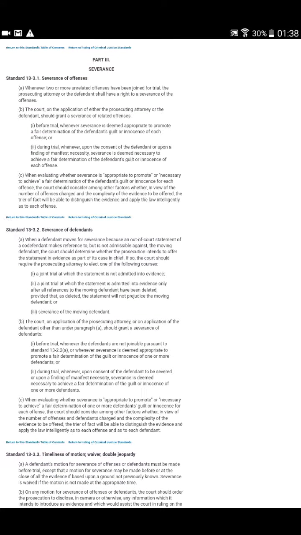Whenever two or more unrelated offenses have been joined for trial, the prosecuting attorney or the defendant shall have a right to a severance of the offenses.